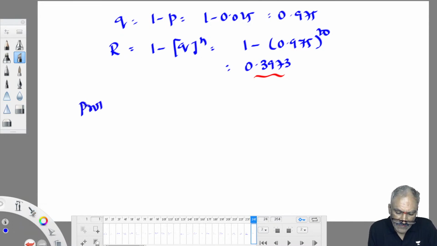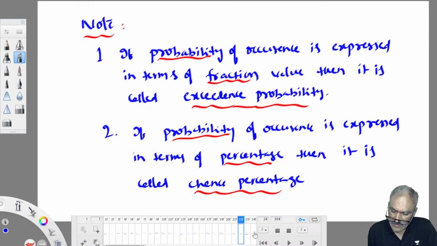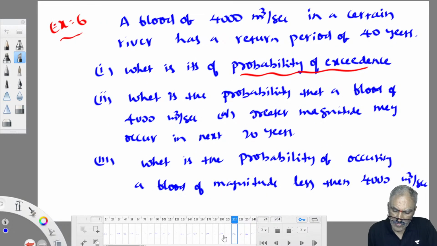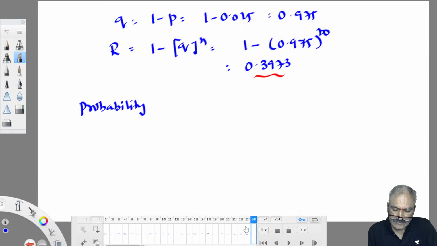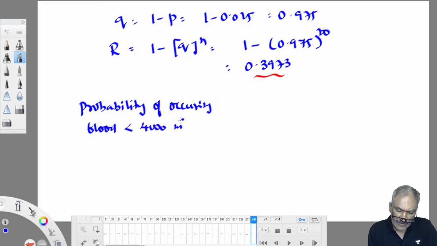So probability of occurring flood less than 4,000 meter cube per second is equal to, indirectly this is nothing but probability of not occurring flood more than 4,000 meter cube per second.